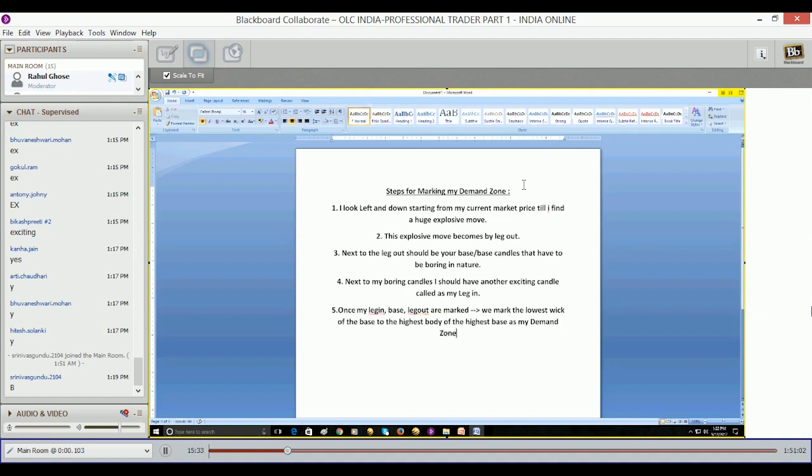Okay, please note in Strix, when we are looking for the explosive move in price in step 1, we are not allowed to cut candles.